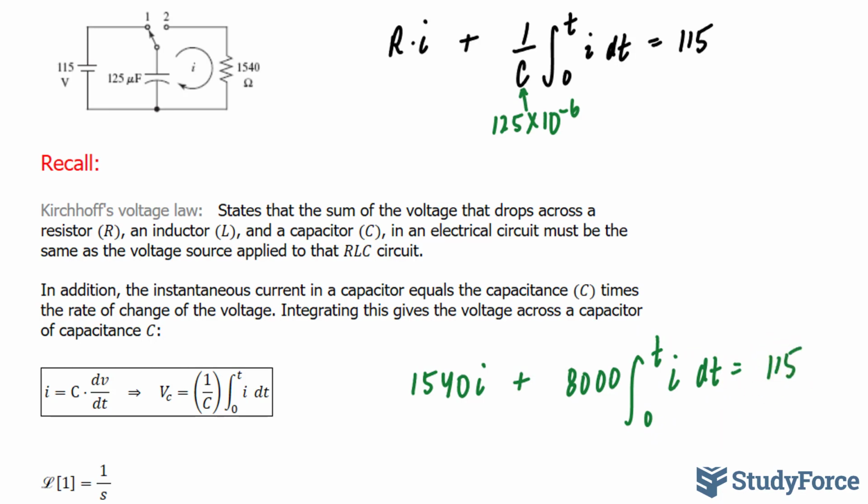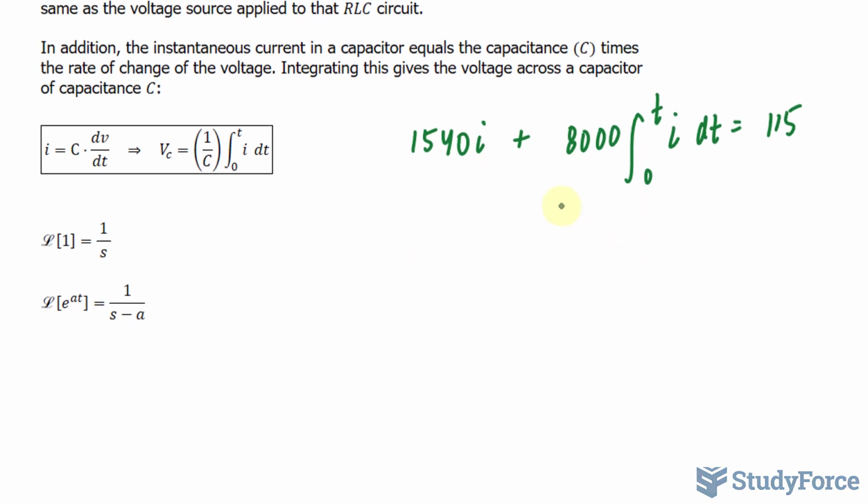The next thing is to take the Laplace transform of each of these terms. Taking the Laplace transform of this gives you 1,540 times the Laplace transform of I, plus we have to take the Laplace transform of an integral, and we've done a video on this in the past. What you do is you simply take your function and write it as the Laplace transform of what the integrand is.